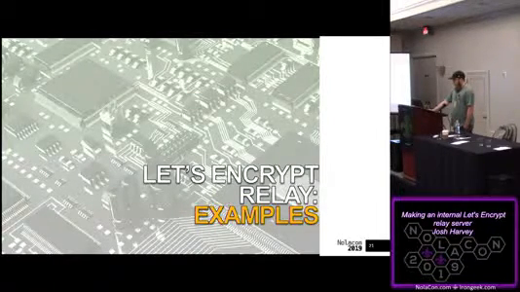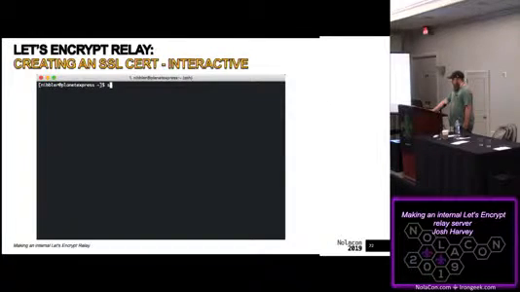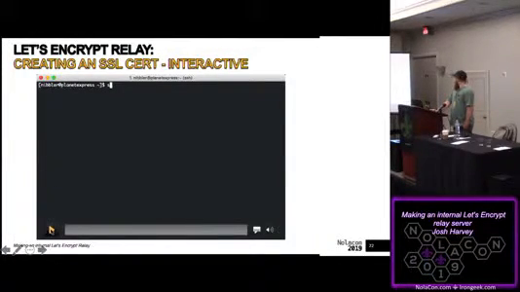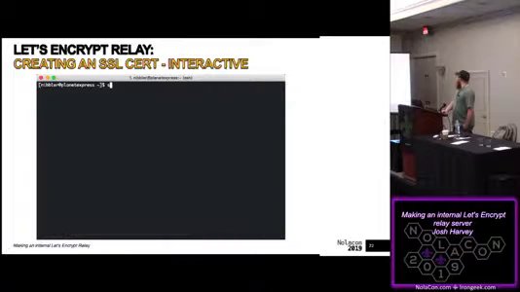So let's take a look at some examples and see how this actually works. I've talked about it and shown what the scripts look like, but let's take a look. In this example, I'm creating an SSL cert and choosing the interactive option.